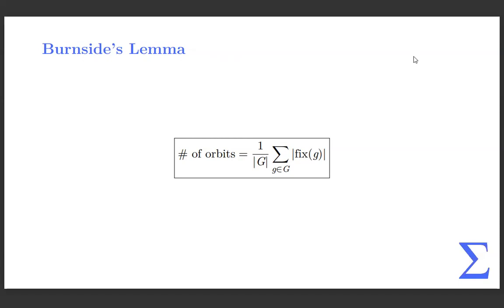There are generalizations of this. There's Polya's enumeration, which is more complicated and looks more deeply at the structure of the permutations. Permutations have this thing called an order: after how many iterations does a cyclic permutation go back to the identity permutation?